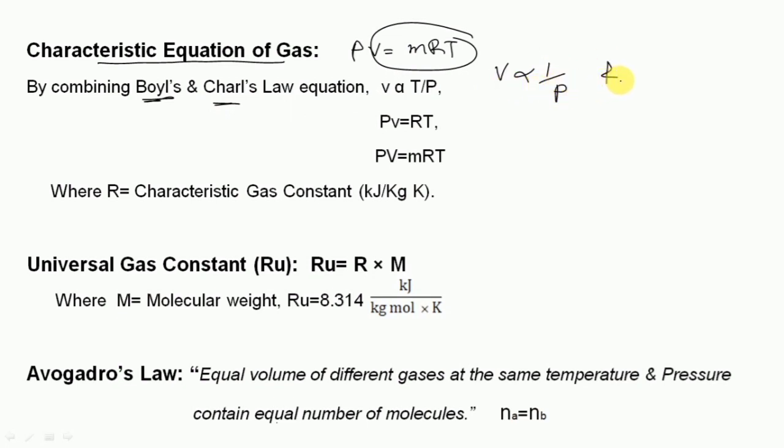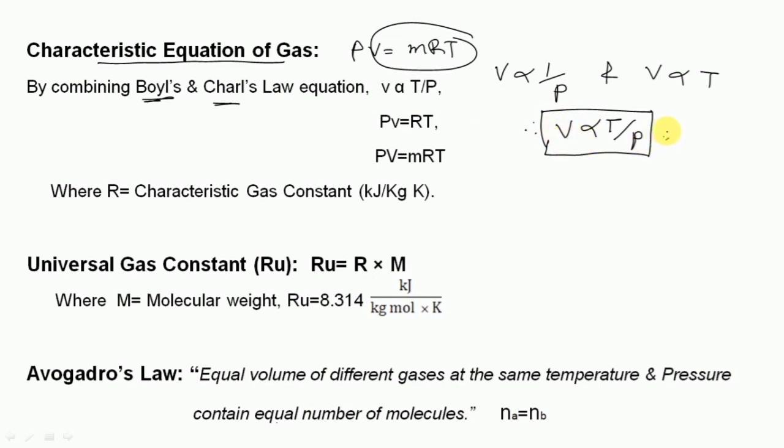And Charles' law: V is proportional to T. If you combine these two laws, then you can write V is proportional to T upon P. This is a combination of Charles' and Boyle's law.